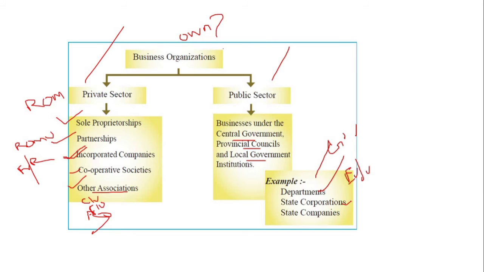Government corporations and state companies, like Bank of Ceylon. Bank of Ceylon is a PLC company. That is owned by whom? Government. People's Bank, that is owned by whom? Government. State companies.